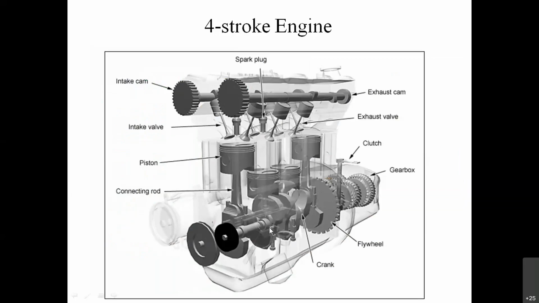This is the crankshaft, and on this crankshaft, through the connecting rod, the piston is connected to the crank. And this one is the camshaft, which is rotating in synchronization with the crankshaft and controlling the opening of the inlet and outlet valves.